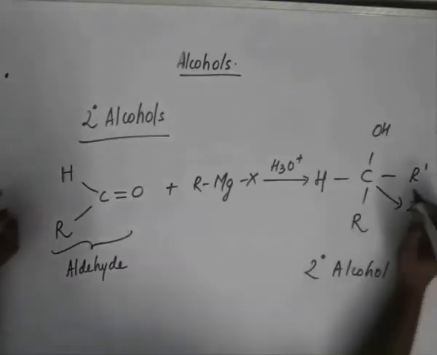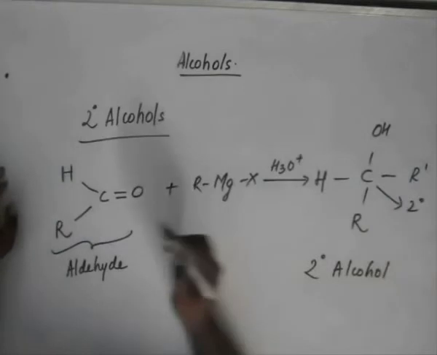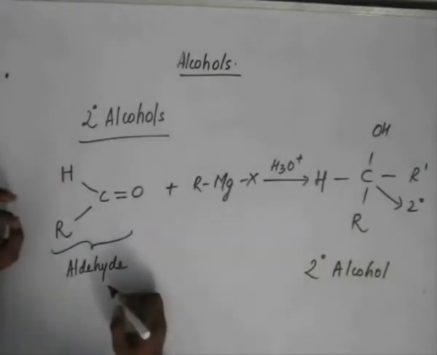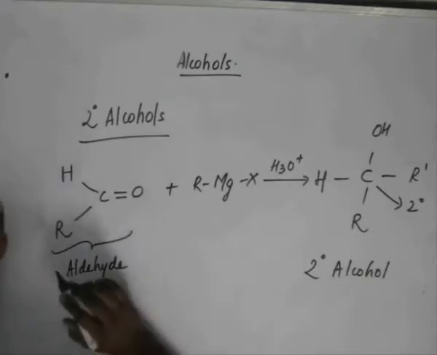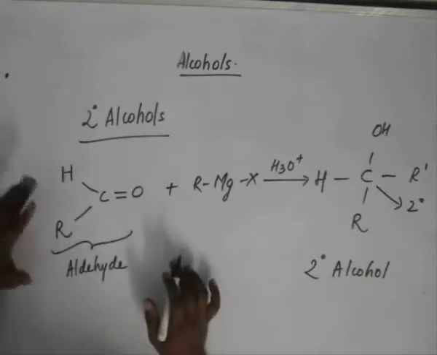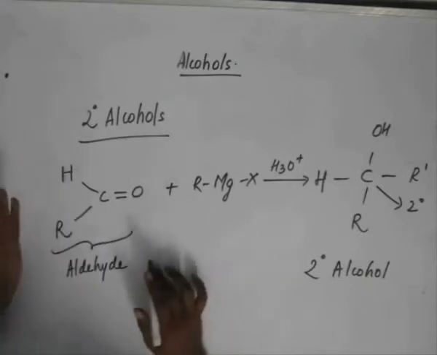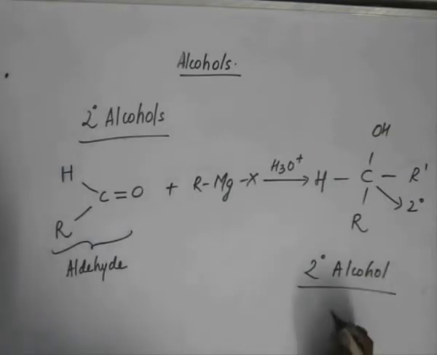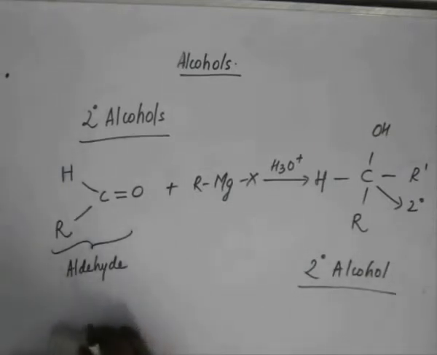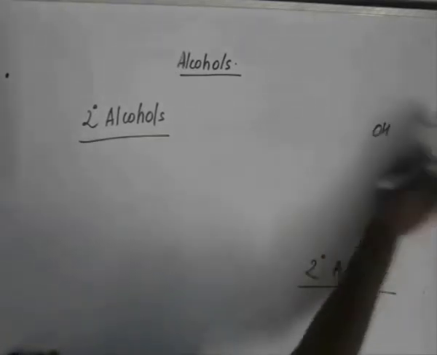So if we want to make a 2 degree alcohol, we have to start with higher aldehydes. Higher aldehyde means aldehydes other than formaldehyde. If you use any aldehyde other than formaldehyde and use any Grignard reagent, we are left with a 2 degree alcohol. Okay, fine.